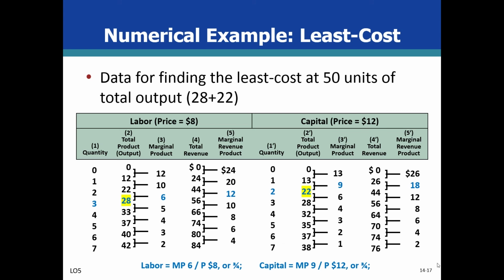On the right-hand side, the marginal product of capital is 9 and the price of capital is 12, or 3/4. Therefore we know, based upon our least cost rule equation where they must equal, that we are operating at the least cost if we want to use this output of labor and capital.